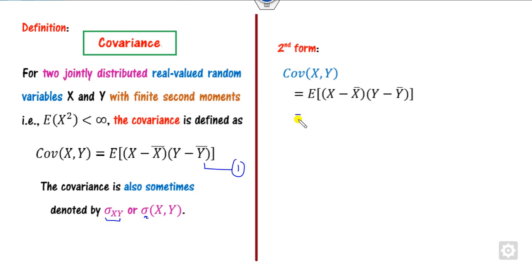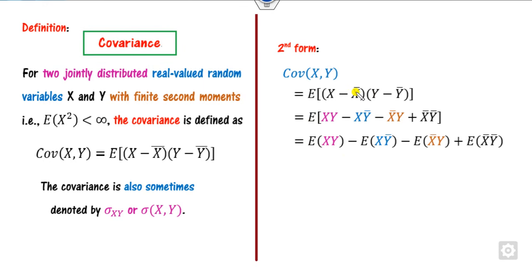Another form is that we can simply open this bracket. Since x bar and y bar are constant values, we can open this one here. Now you can easily see, this y bar is a constant, it can be taken outside, so this is my x. Similarly, x bar is a constant, I can take it outside, and in this case both are constant, which can be taken outside.